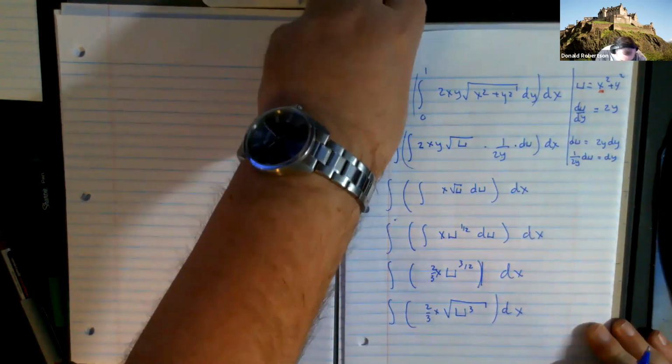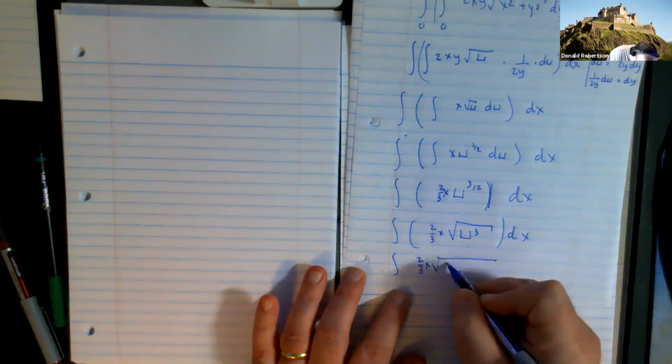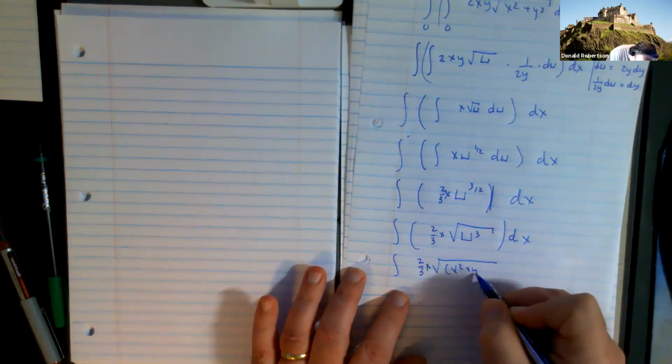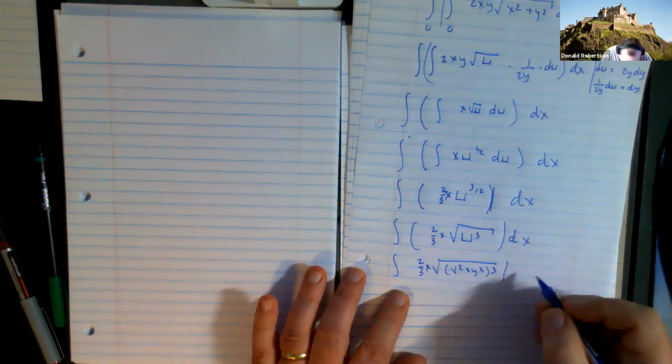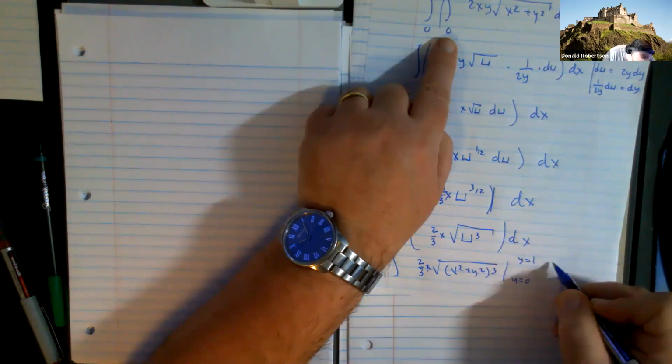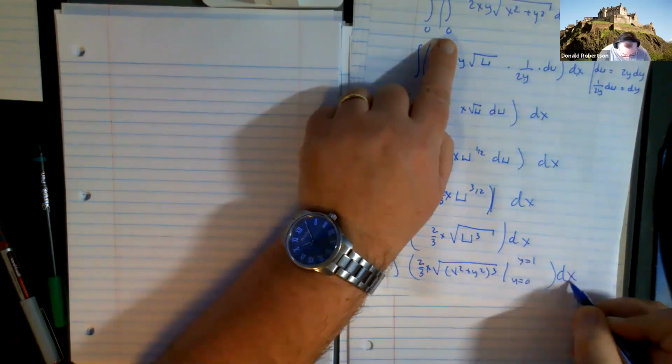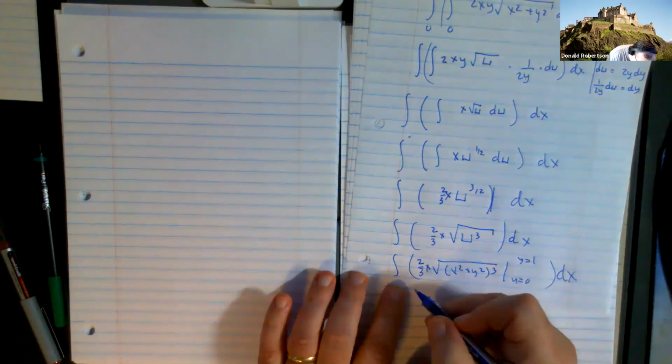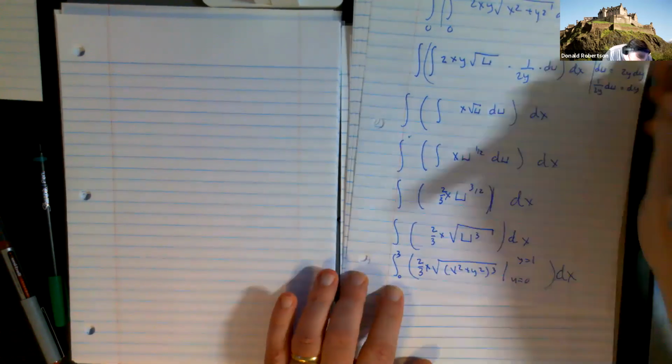I will then return that to be this. And that becomes 2/3 x, the square root of x squared plus y squared, all cubed, evaluated at y equals 0 to y equals 1. And all those x's that I've not done go there.